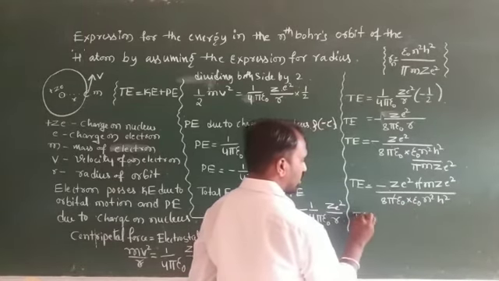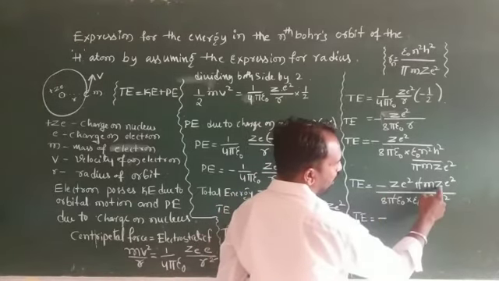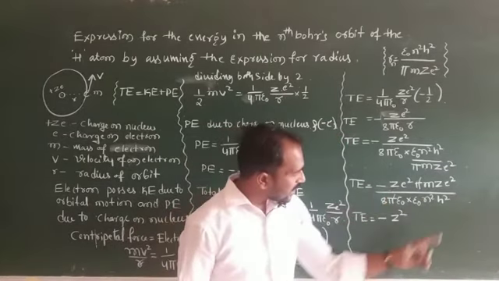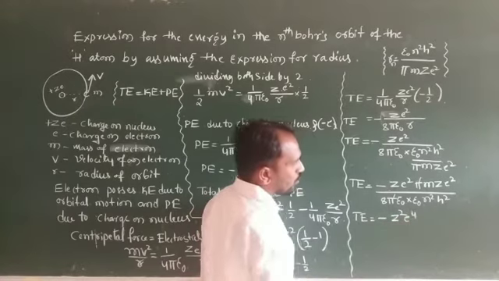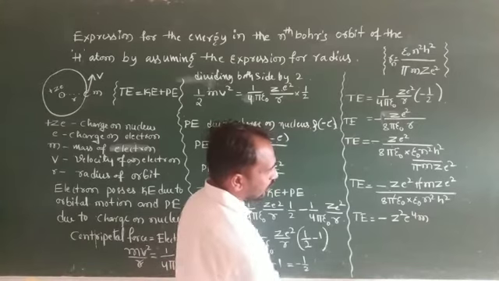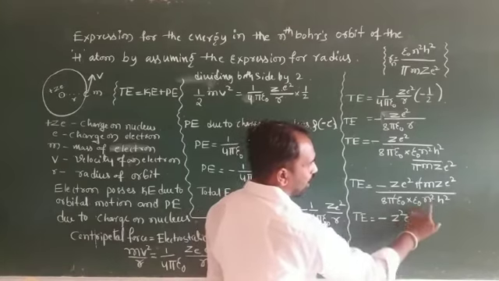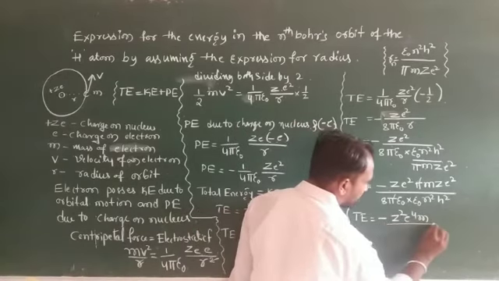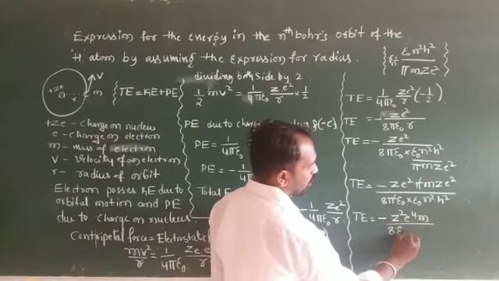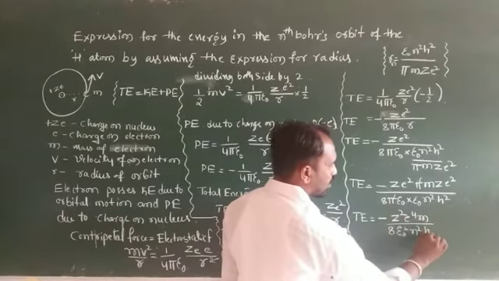So the final equation: total energy is equal to minus Z square e raised to 4 into m divided by 8 epsilon naught square n square h square.